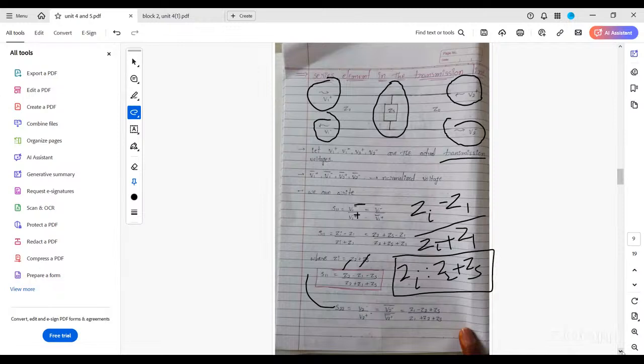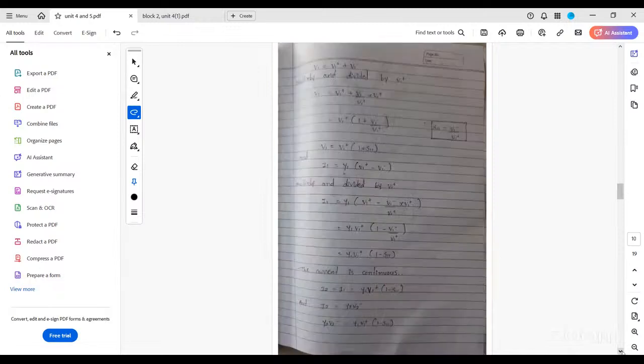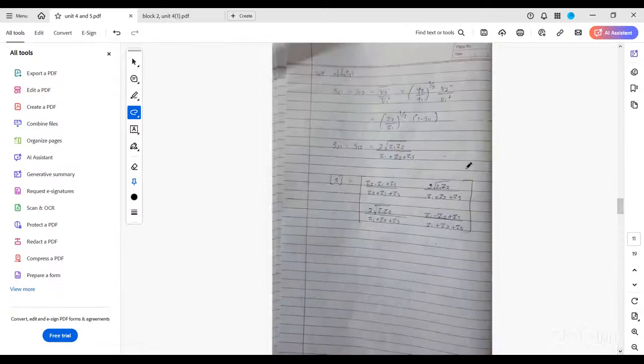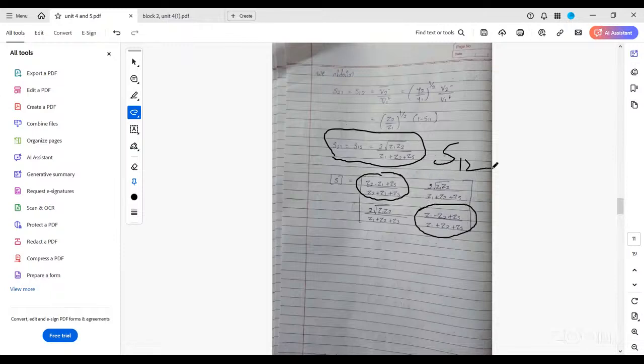This is the S11 and S22 value. Similarly, we calculate the remaining parameters. What are the two remaining things we have to calculate? The remaining two are S12 and S21. This is the S11 parameter. This is the S22 parameter. Now, S12 and S21 are left.